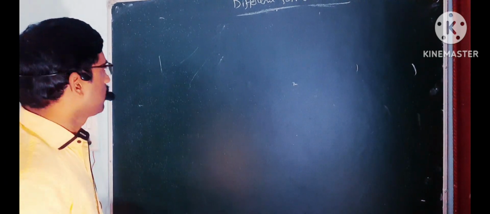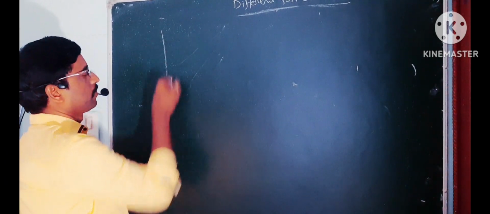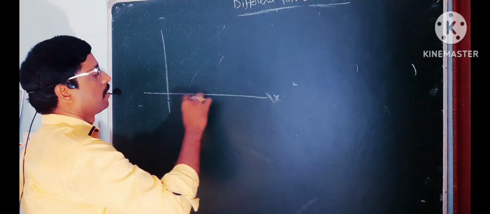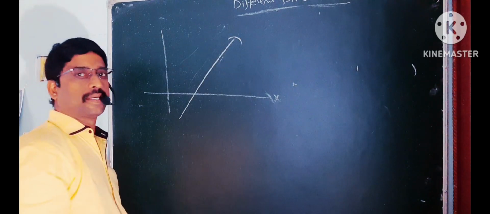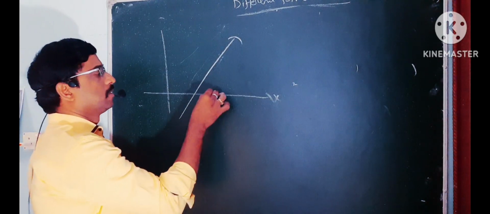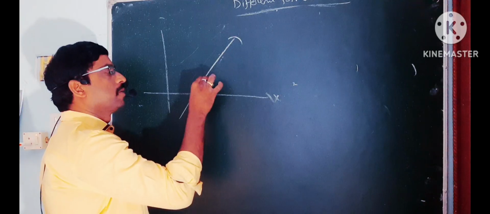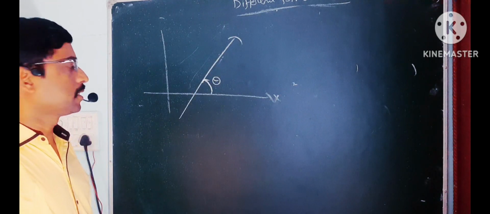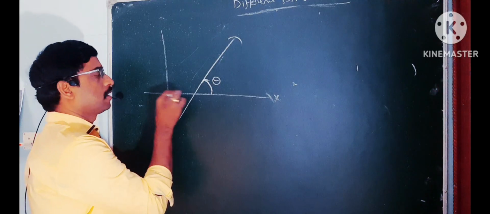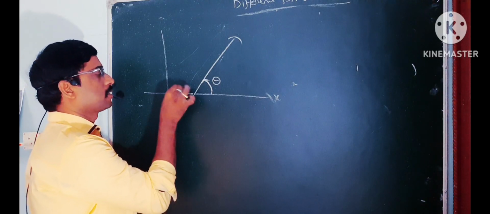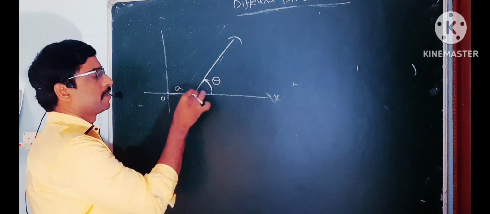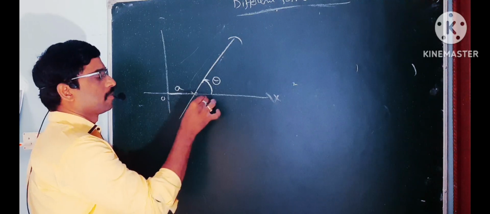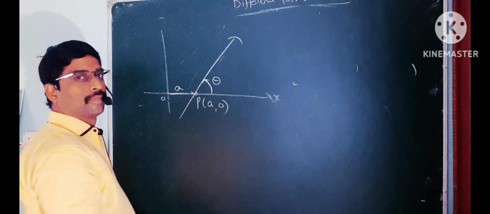Okay, now explain the equation of line, slope x-intercept form. This line makes an angle theta with x-axis in anti-clockwise direction. Here x-intercept how much here? Let us take small a. This point how much we get here? A comma 0.